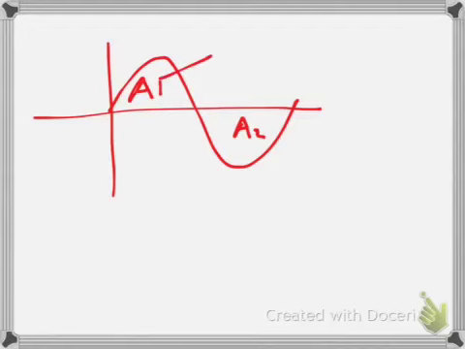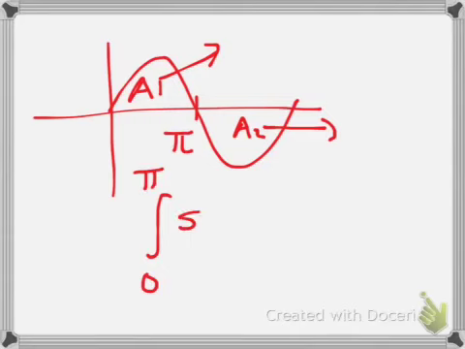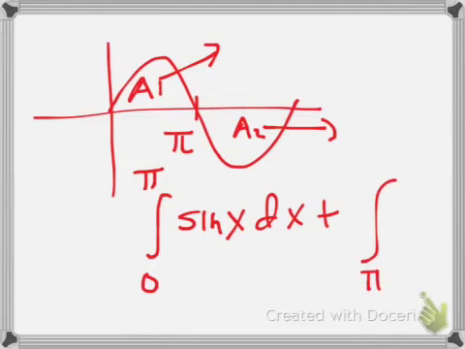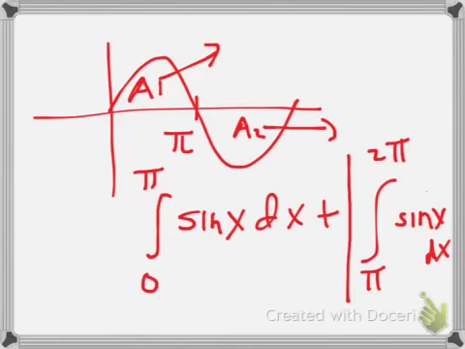So the total area is the sum of this plus the absolute value of A2. So what you want to do is divide. This is the point here where you want to divide. The first is 0 to pi sine x dx, plus pi to 2 pi, which is your -1 sine x dx, right? But since this one is negative, and I'm asking about the total area bounded, I'm going to put an absolute sign on the second one, which is A2.